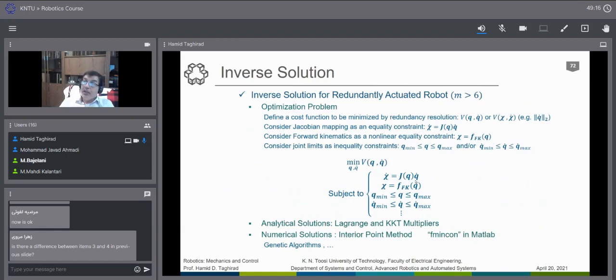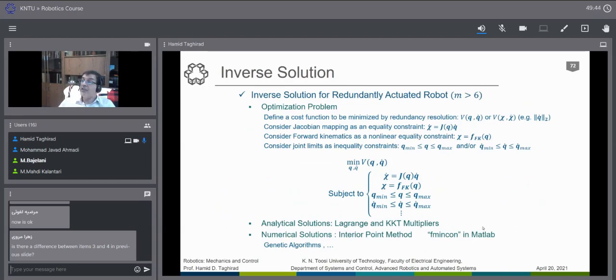This means that when we are solving for x and q, they should be entangled with each other by our kinematic structure, and the kinematic structure is defined by the Jacobian in the velocity space and by the forward kinematics in the joint space and task space form.